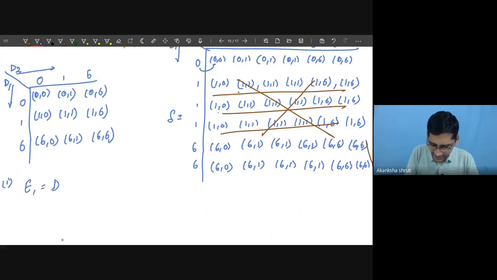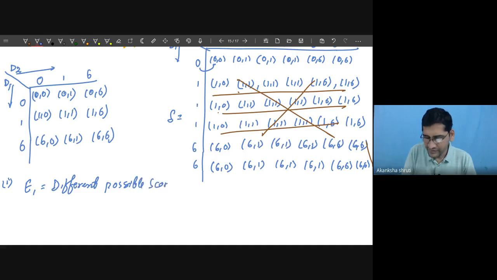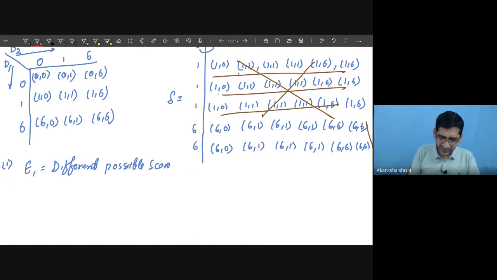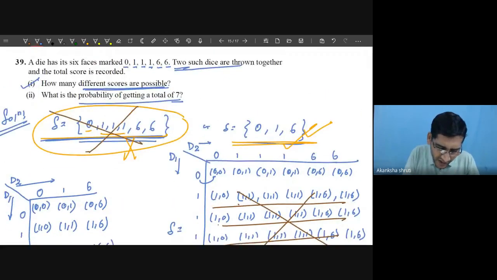So different possible score means the event having different possible score. Just we have to end. This will be the last question, I hope so. So students, what could be the different possible scores? How many different scores are possible?